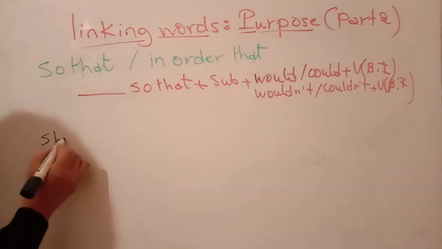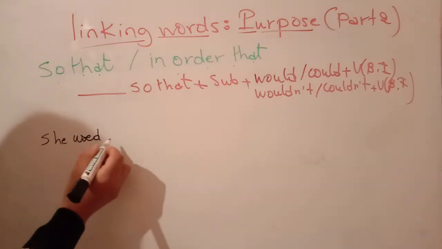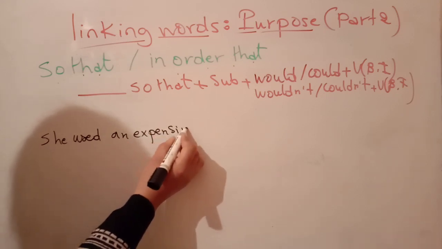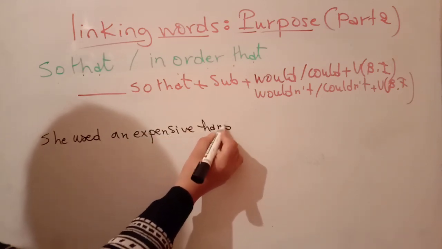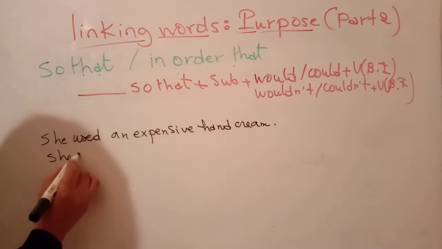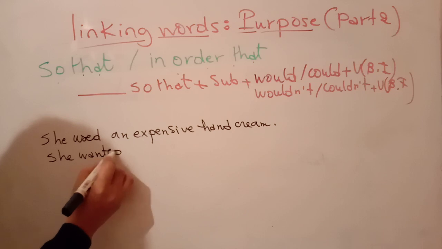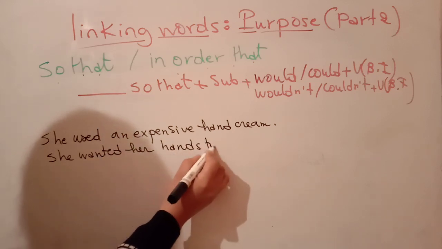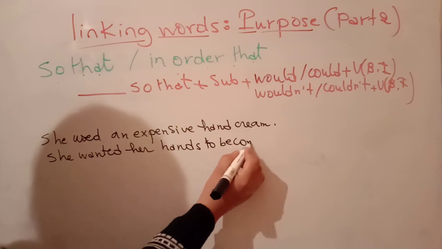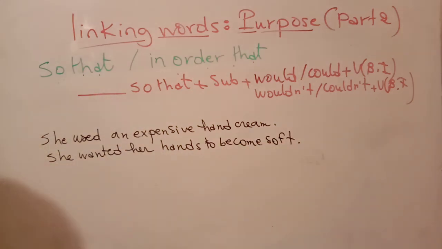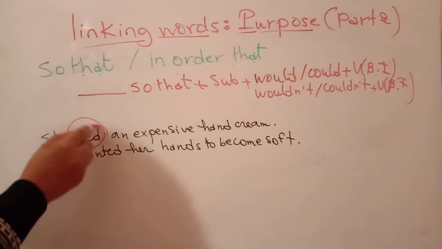She used an expensive hand cream. She wanted her hands to become soft. The situation here, as you see, is past. Look at the verbs.